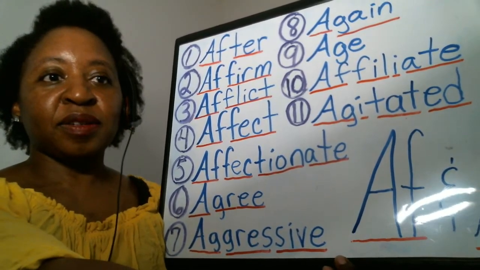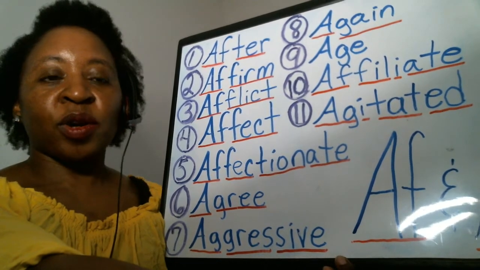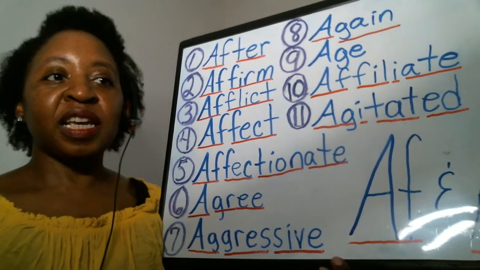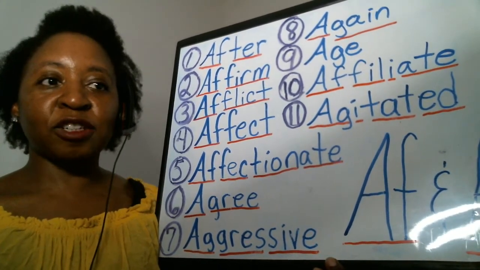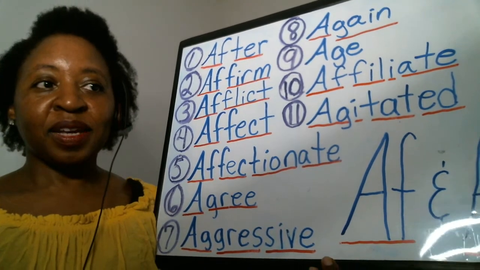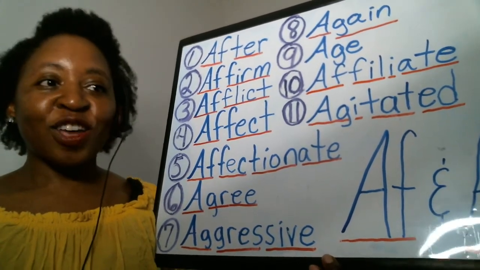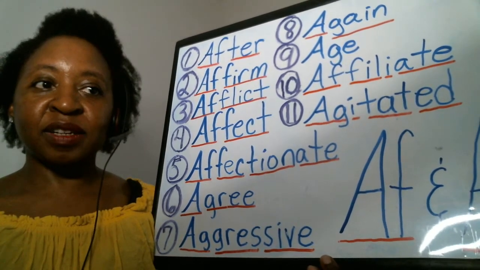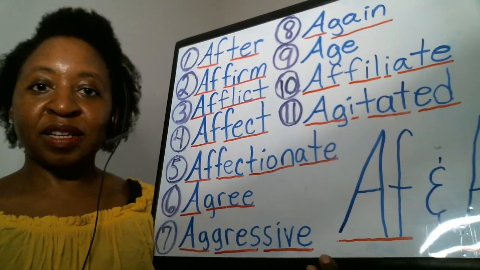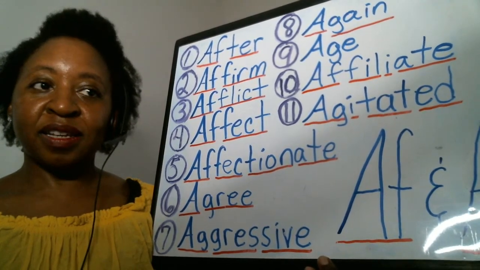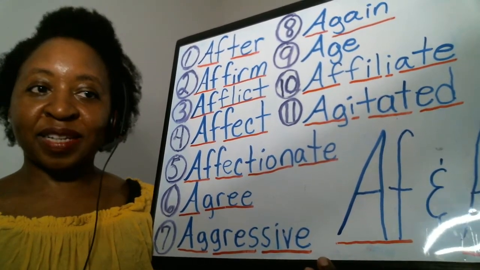Officially, it means to officially attach or connect to an organization. Your homework sentence: the artist is an affiliate with the art community.